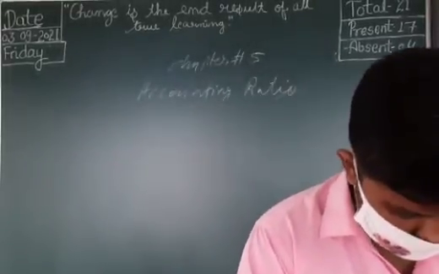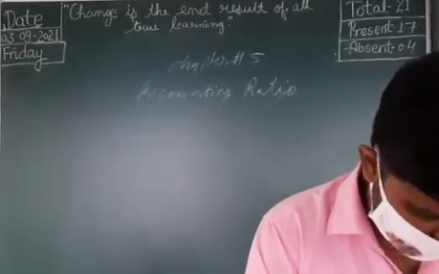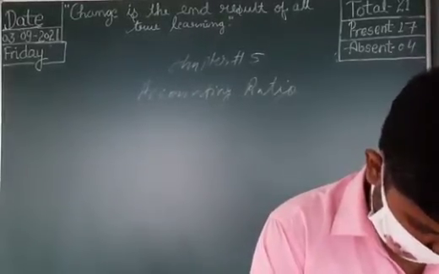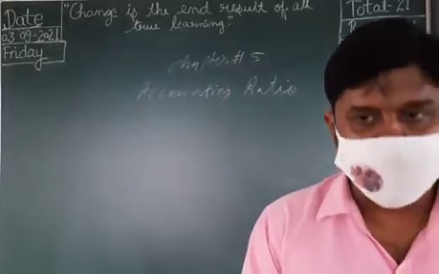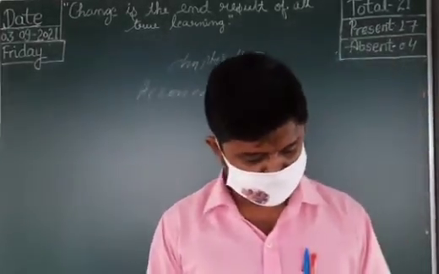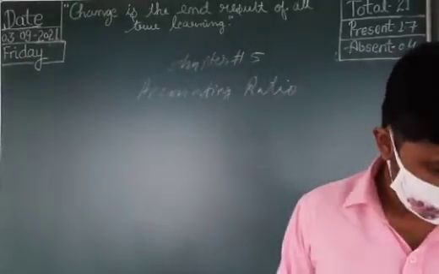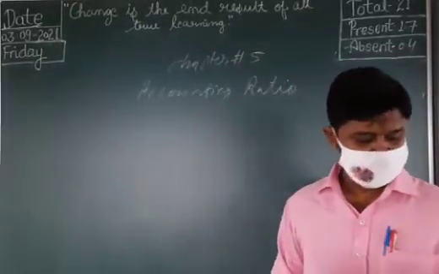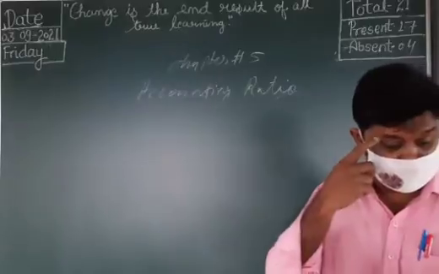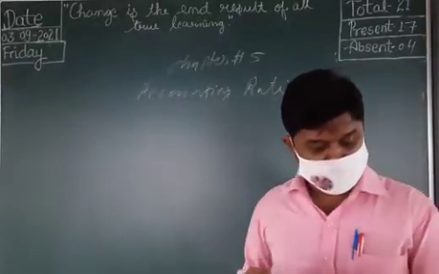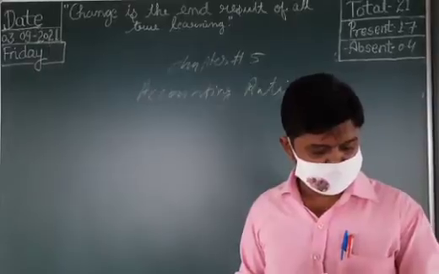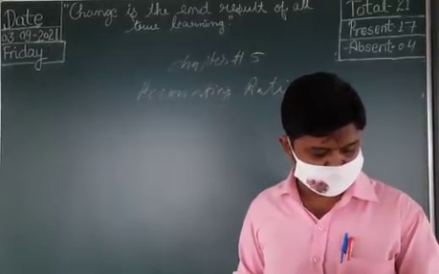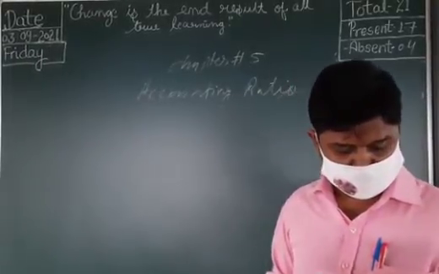So here also we can solve one illustration. Through this you will understand better. Calculate the trade payable turnover ratio from the following figures. Credit purchases during 2014-15, 12 lakhs.